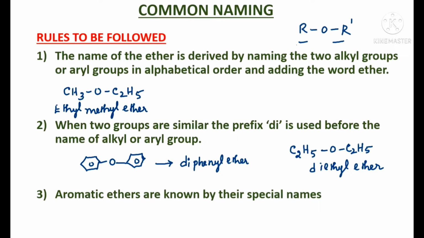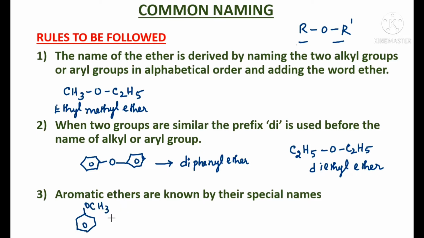And next, see the next rule, students. Aromatic ethers are known by special names. This is an aromatic ether. We can give the common name, but commercially we get these aromatic ethers by their special names. I'll give some examples. For example, this is a phenyl ring, OCH3.